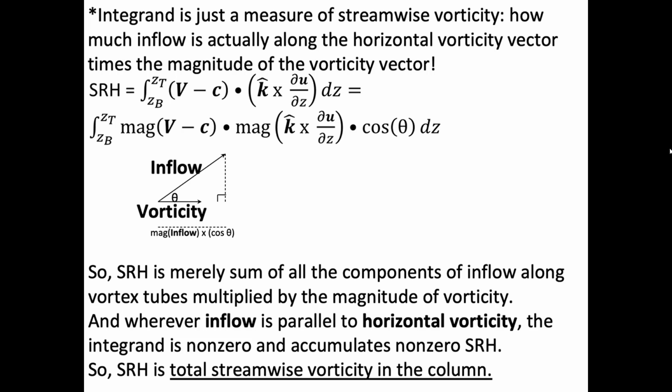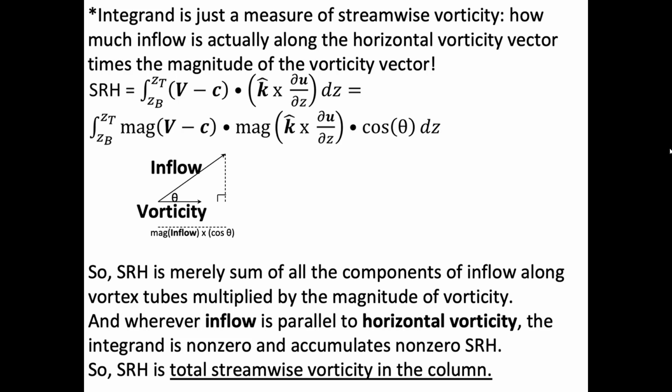When we scale that by the magnitude of the vorticity vector, we're merely taking a dot product between the inflow vector and the vorticity vector, which we are computing by integrating the amount of inflow along each of these vorticity vectors. We integrate that to get the storm relative helicity. Wherever inflow is parallel to the horizontal vorticity, the integrand is non-zero and accumulates to non-zero storm relative helicity.